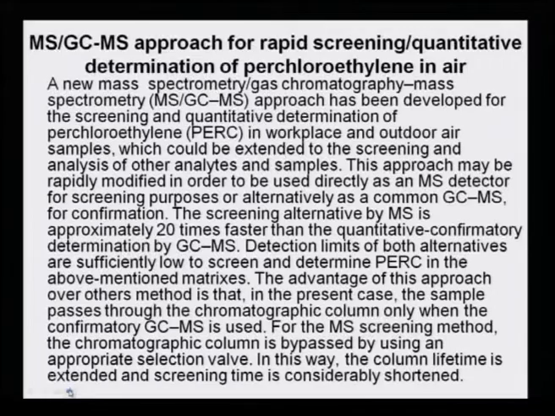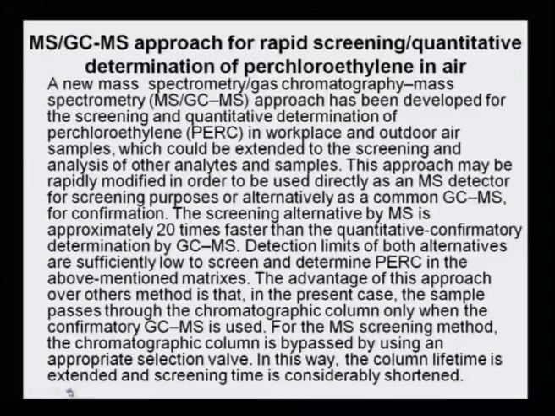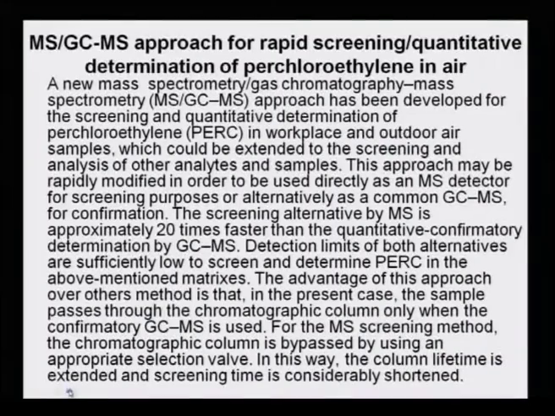It is not that only this compound can be screened and others cannot be screened by this method, but largely it has been developed for the screening of perchloroethylene, in abbreviation known as PERC, and whether it is a workplace or an outdoor air, these samples can be collected and analyzed by this method.